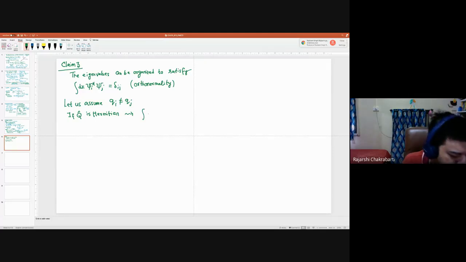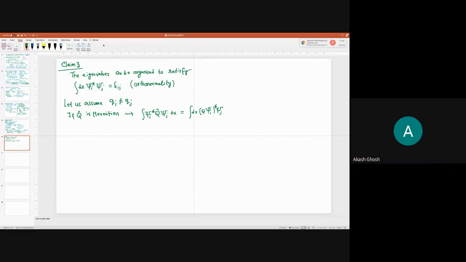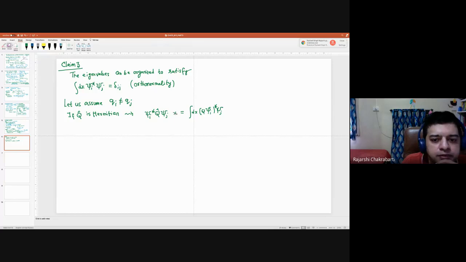Let me write this down. Integral of psi i star Q psi j dx must be equal to the integral of (Q psi i) star psi j dx. So this is the definition of a Hermitian operator.